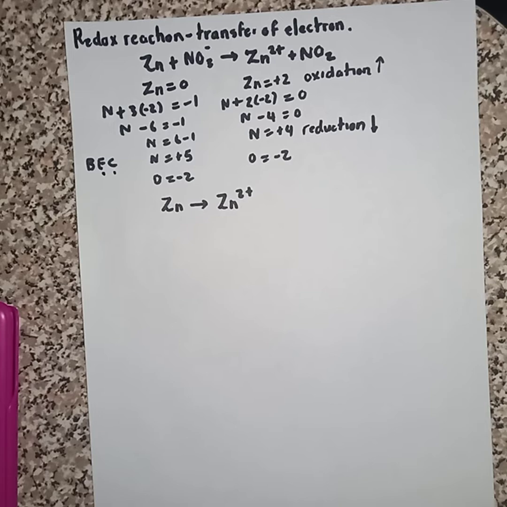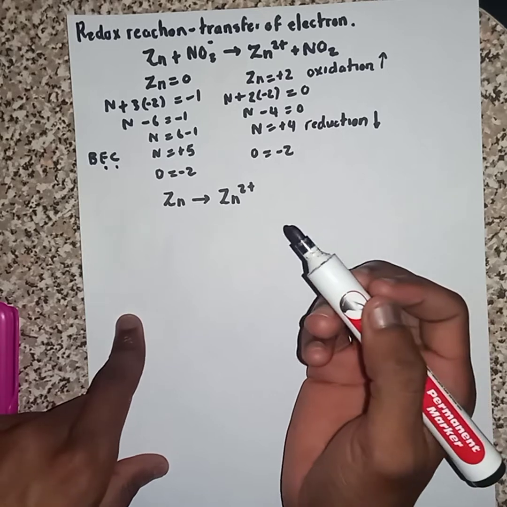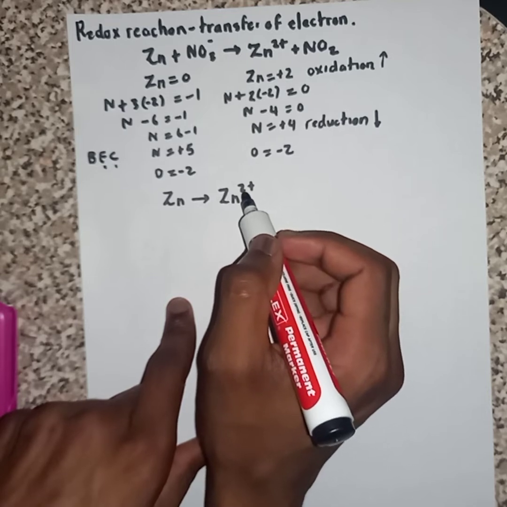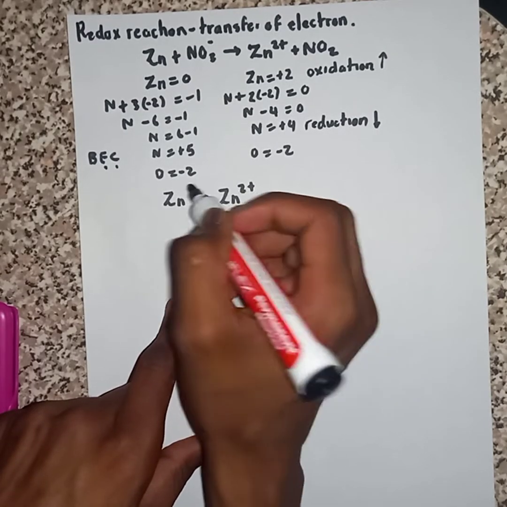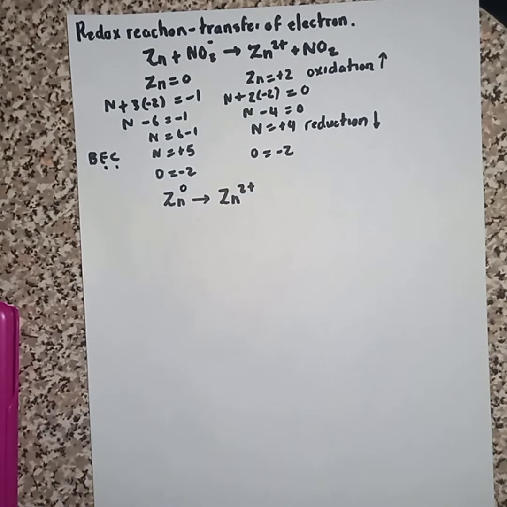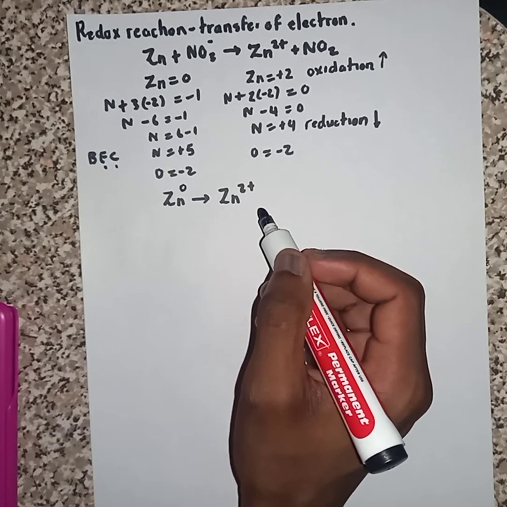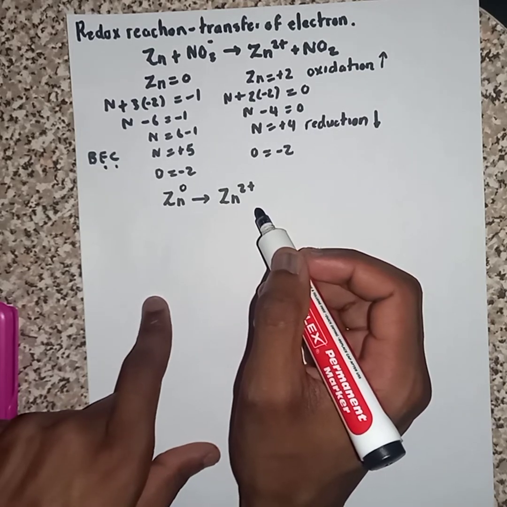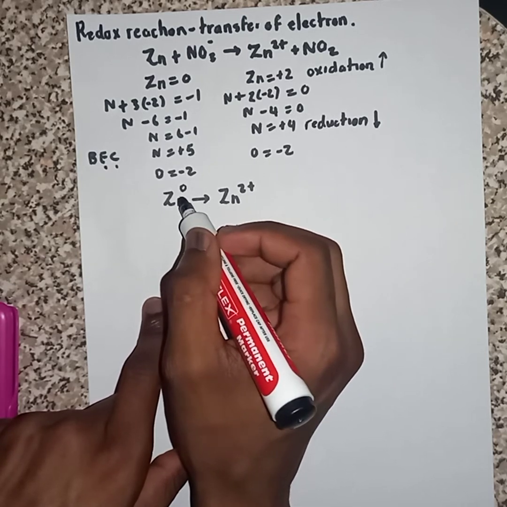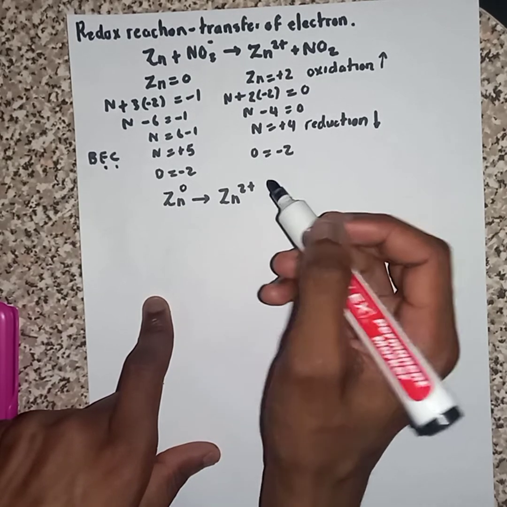To balance elements, you can clearly see I have one zinc and one zinc, so zinc is balanced. To balance charges, on this side I have +2 and on my left hand side the overall charge is 0. You can write 0 with your pen.